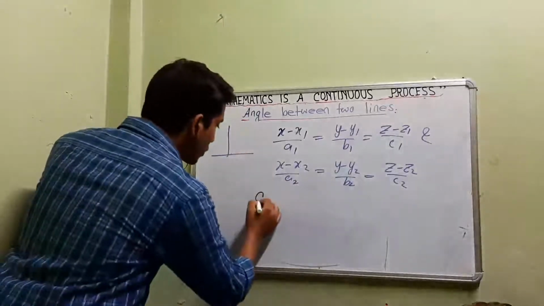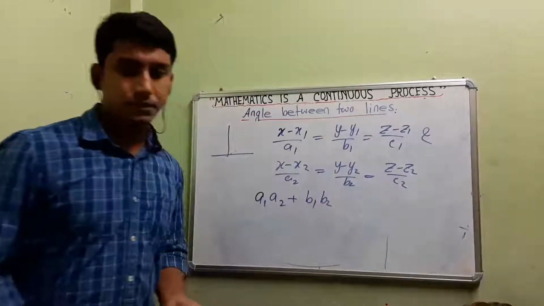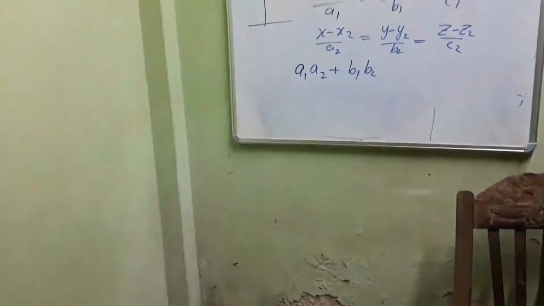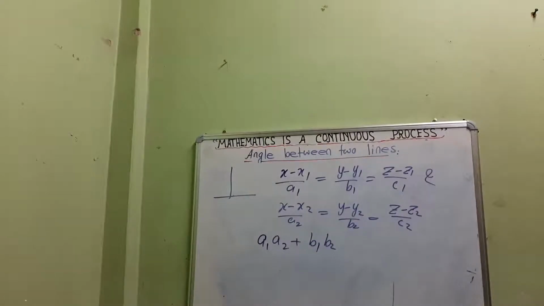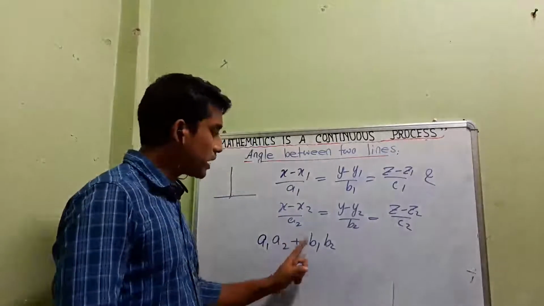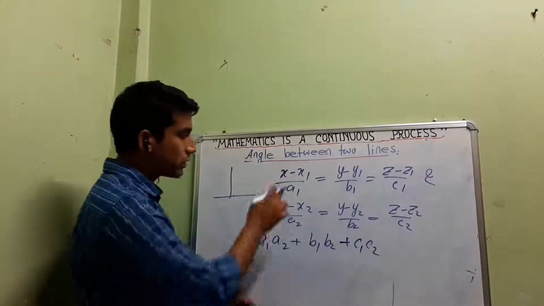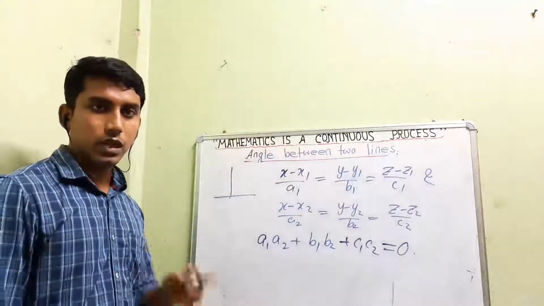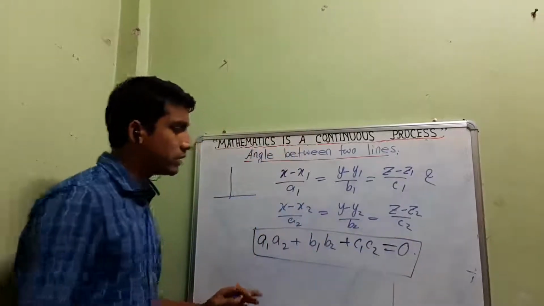So if I take the sum of the products of their direction ratios, that is a1a2 + b1b2 + c1c2, this sum will always be equal to 0 if two lines are perpendicular to each other. This condition will always hold.